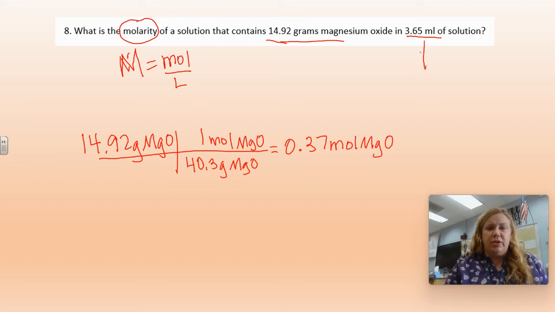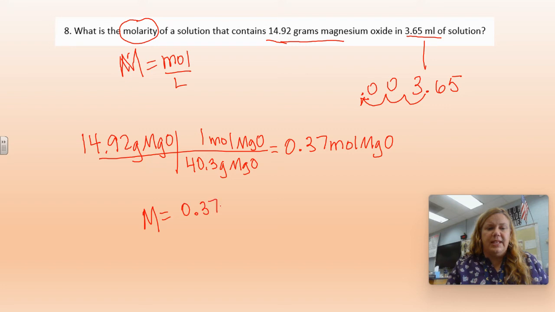Now we have to change our 3.65 milliliters into liters. So we're going to move our decimal or divide by 1,000 because milli is 1/1000th. If we move our decimal 3 places, we're going to get 0.00365. So we come down here for our molarity equation.